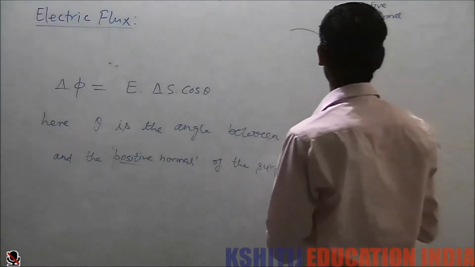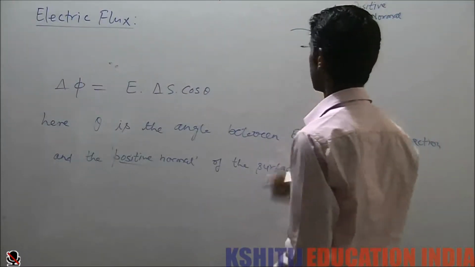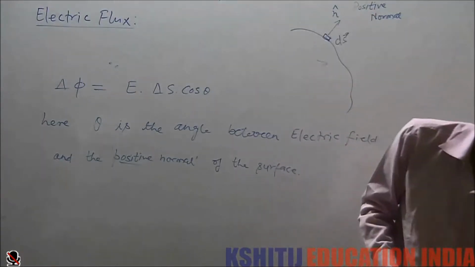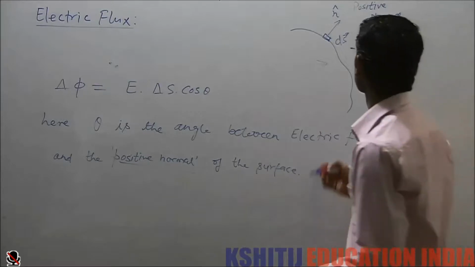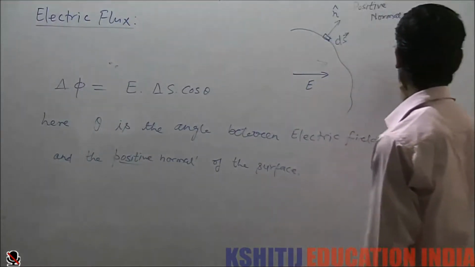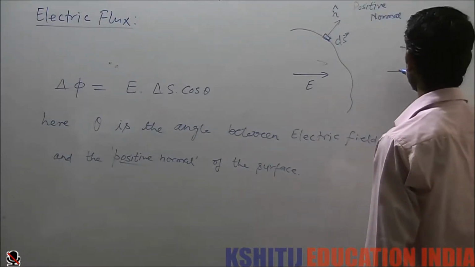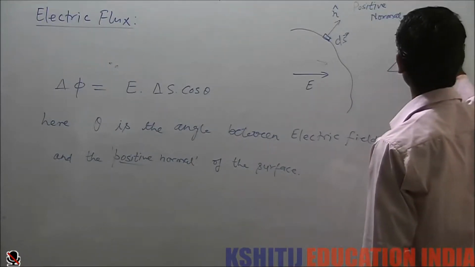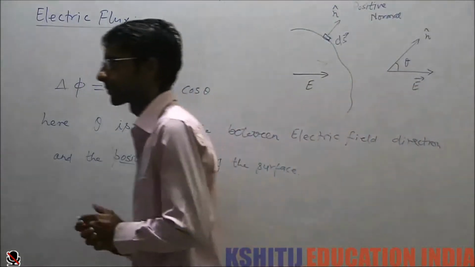That means if we have an electric field, let's say in this direction, in this particular example, we will draw the electric field's direction and we will draw the direction of the positive normal, and this angle will turn out as theta.